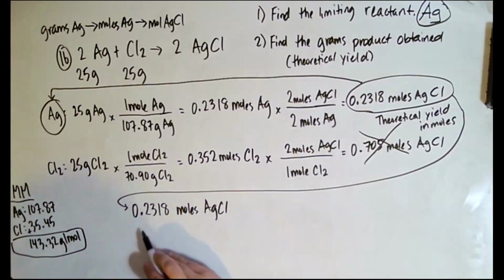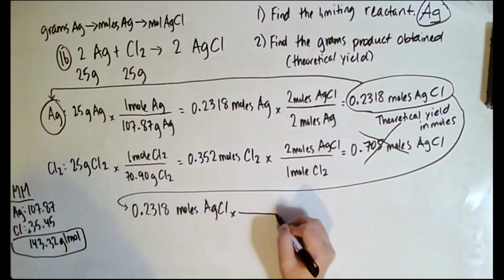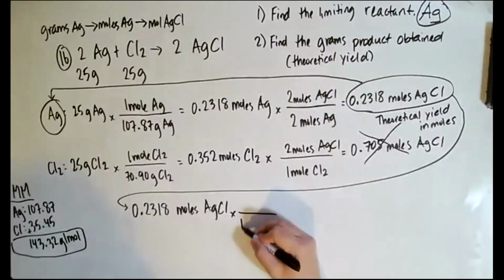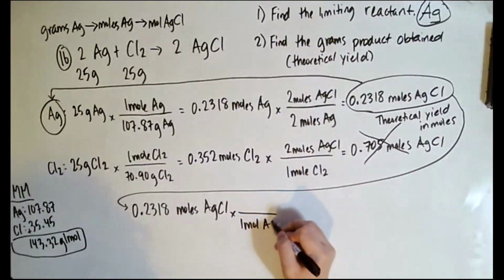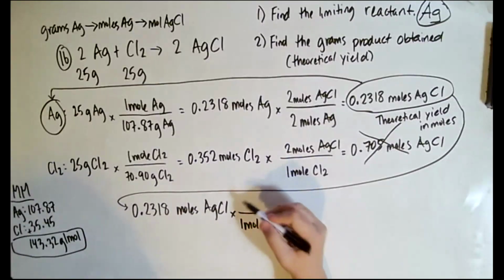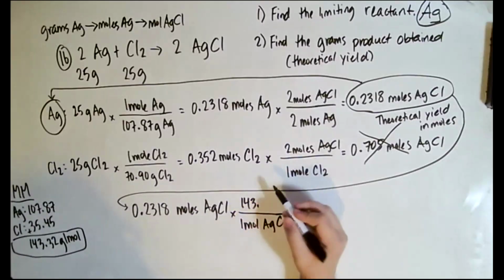Okay, so we have 0.2318 moles of AgCl. And we know from our molar mass that every 1 mole of AgCl is going to be 143.32 grams.